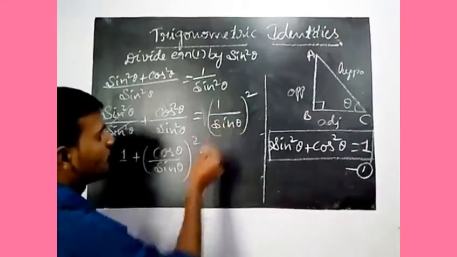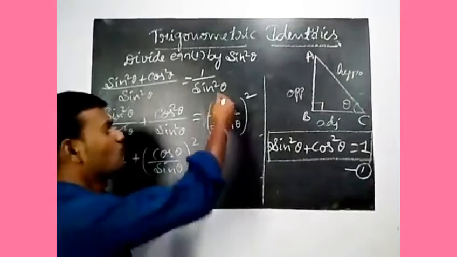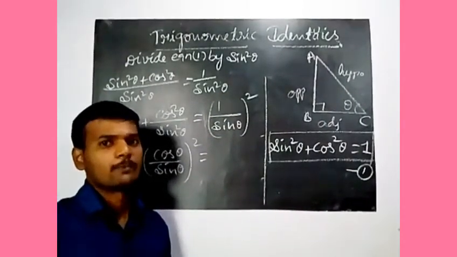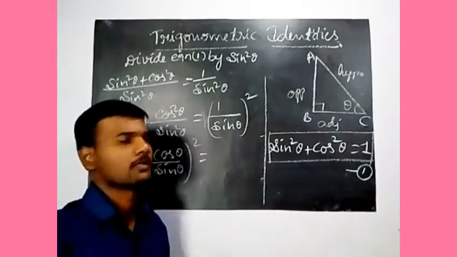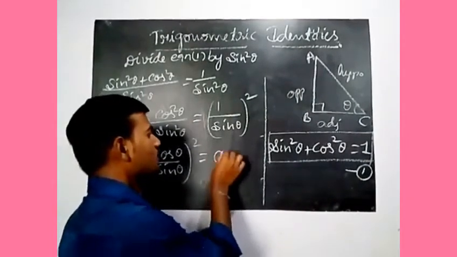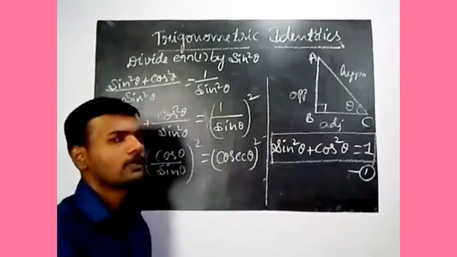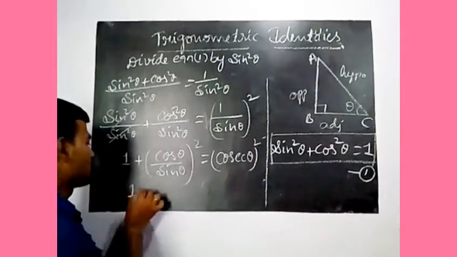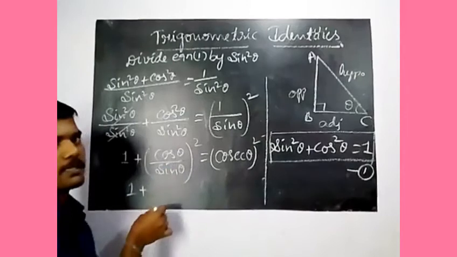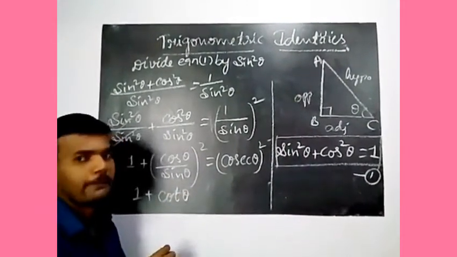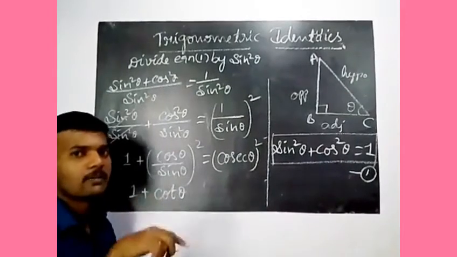Here 1 by sin theta is the reciprocal, cosecant theta, so we can write it directly as cosecant theta whole square. Now cos theta by sin theta is cot theta, as you have already discussed, since sin theta by cos theta is tan theta.